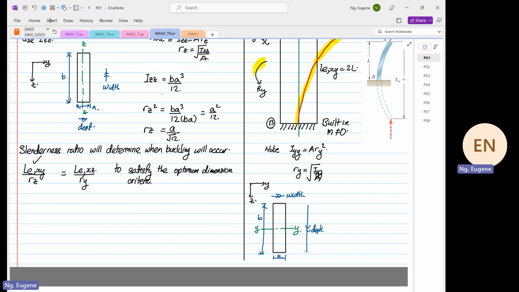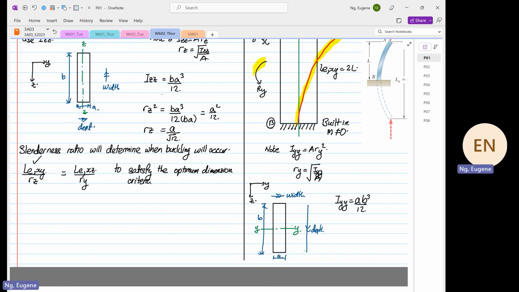So we can now formulate our IYY. IYY is equal to the width, which is A, times our depth B cubed over 12.